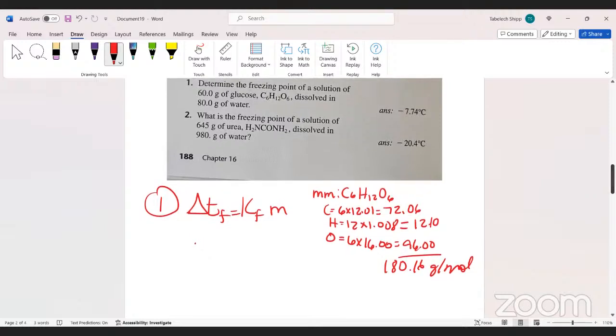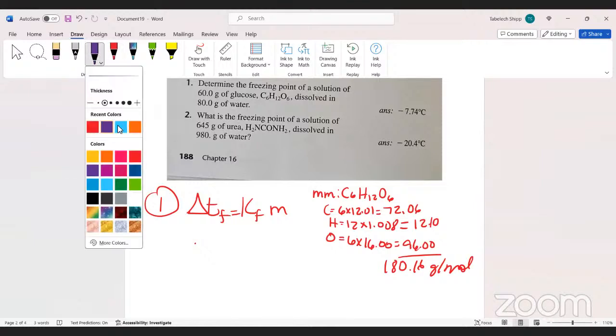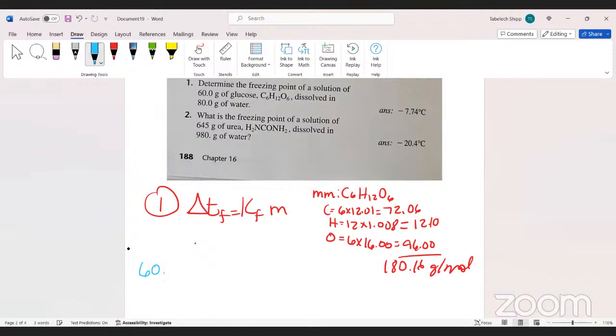60.0 grams, okay? So again, let me zoom out so y'all can see the whole screen a little bit, okay? So right here, I'm gonna put it in a different color so you all can see what I'm doing. 60.0 grams of glucose times, on the very top, 1 mole of glucose, and on the very bottom, 180.16 grams of glucose, okay?